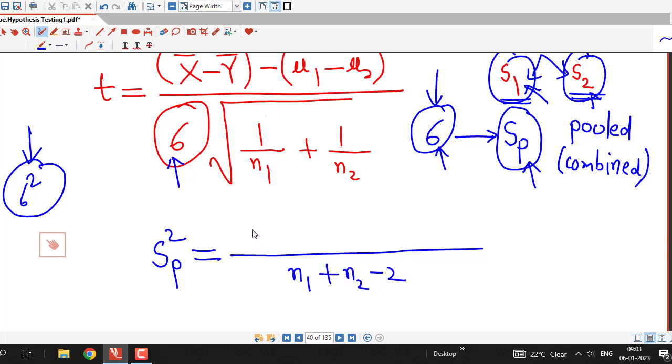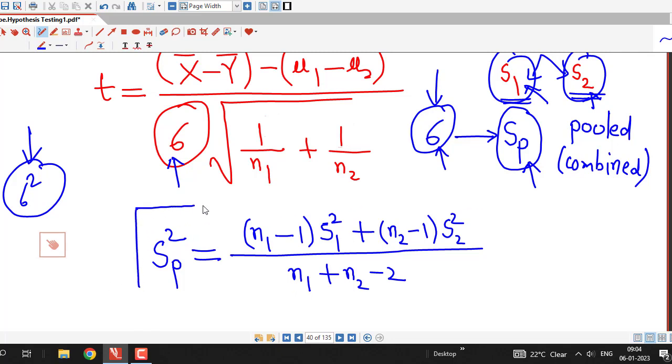In the numerator we have n1 minus 1, that is sample size minus 1, into the variance of the first sample. Same thing for the other sample, n2 minus 1 into the variance of the second sample. This is called the weighted average of these two sample standard deviations or sample variances.